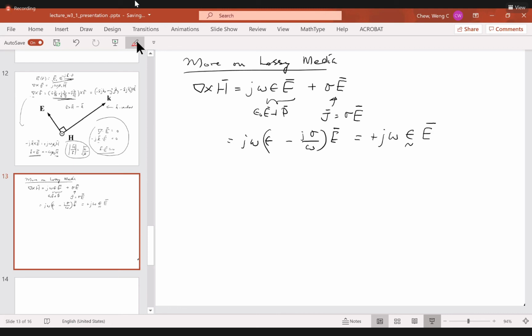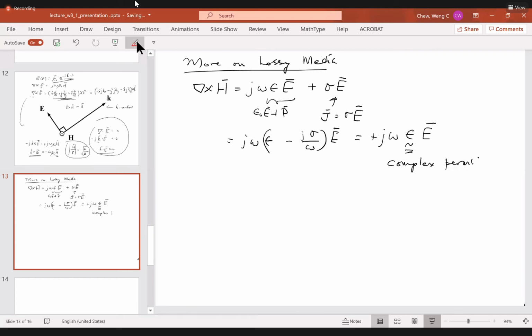Ampere's law with displacement current plus polarization current plus conduction current, all three of them can be embedded into this complex permittivity. This is called the complex permittivity.